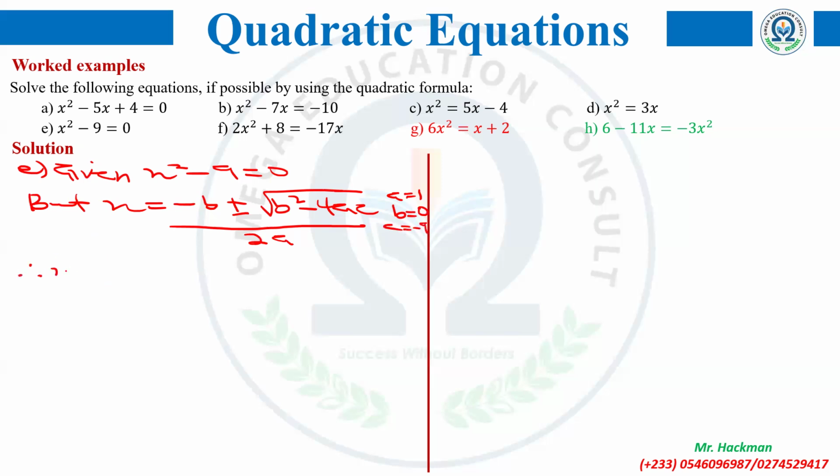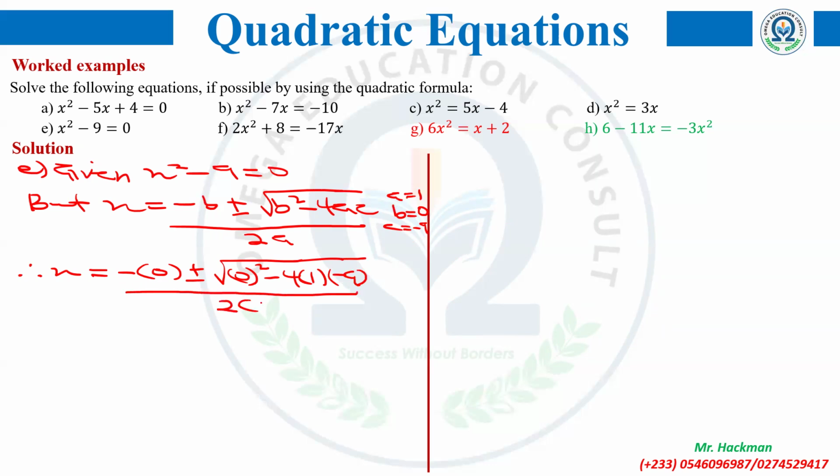So at this point, I'm matured. Therefore, my x will be equal to minus my b. b is 0, so I put it in bracket. Plus or minus root of b squared, so 0 squared, minus 4ac, so 4. What is my a? Again, 1. What is my c? -9. Please take note. All over your 2a, so 2, your a is 1.